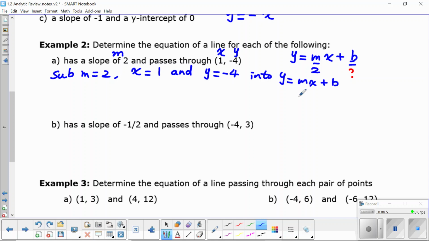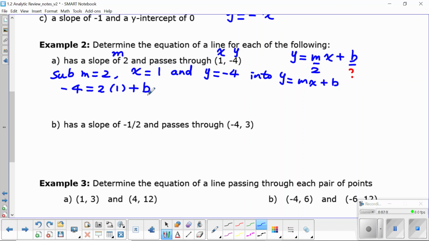Then you will see y is -4, m is 2, x is 1 plus b. And this is a linear equation.